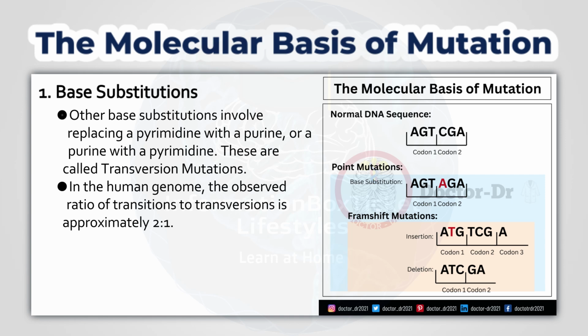A classic example of the phenotypic impact of a single amino acid change is sickle cell anemia. In this case, a mutation in the beta-globin gene changes the DNA sequence from GAG to GTG. As a result, the codon specifies valine instead of glutamic acid, leading to the production of sickle cell hemoglobin.